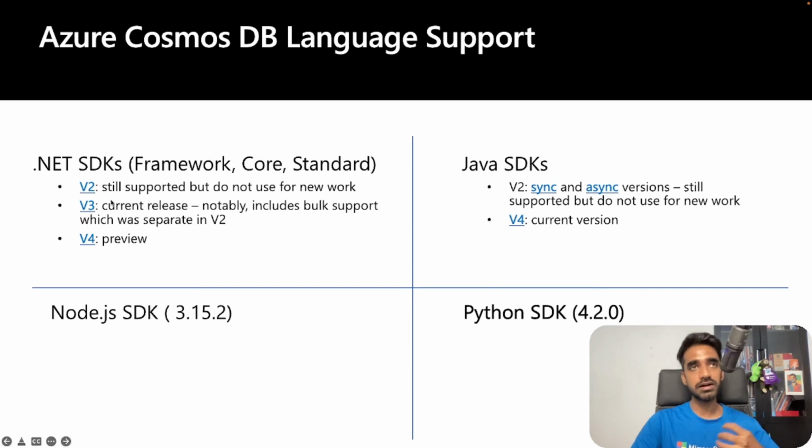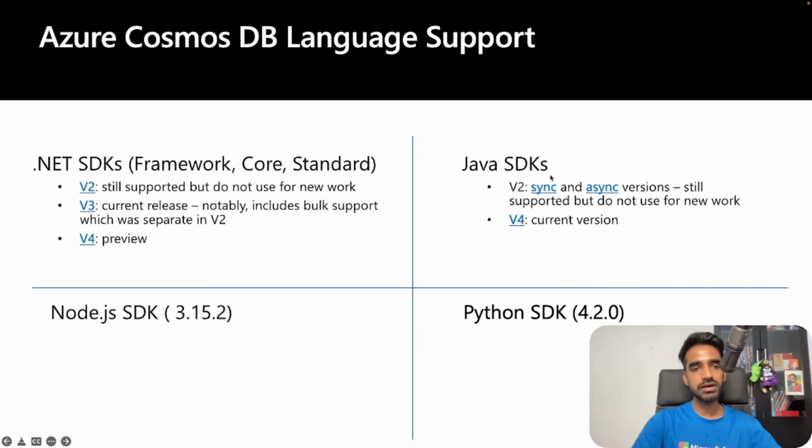In fact, if you are interacting with any other application developers who are using V2, ask them to migrate to V3. The V3 version is widely used by customers these days and provides a lot of capabilities. One thing to call out is bulk support, which is released as a separate library. Finally, we have .NET V4, which has been in preview for some time, but we will be making it GA in the coming months.